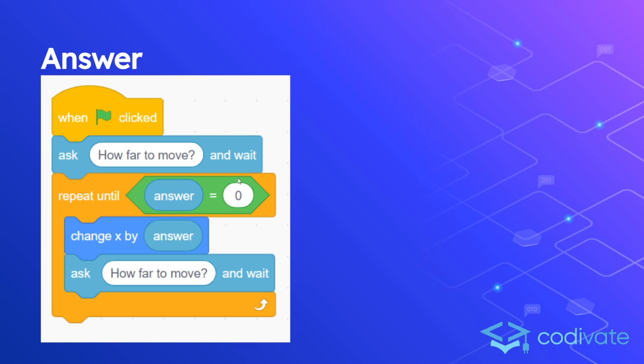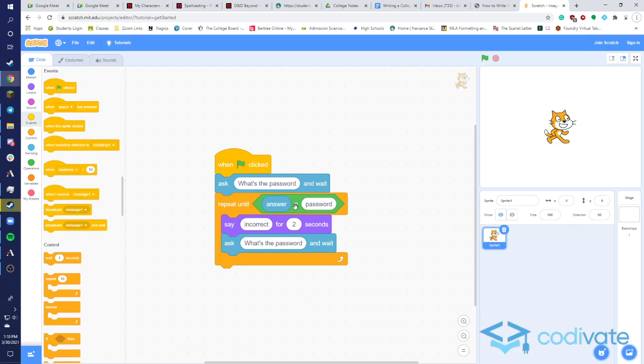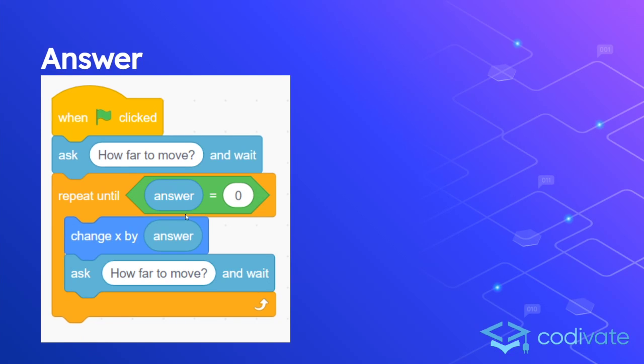Whatever you want to be the end case, so whenever you want to stop asking them, whatever their answer should be, you put in here. So the answer should be 0 for them to stop. And in our case before, the answer needs to be password for it to stop asking. And whatever we want it to do with our answer, we can say.